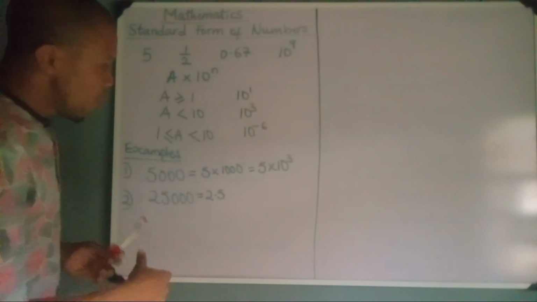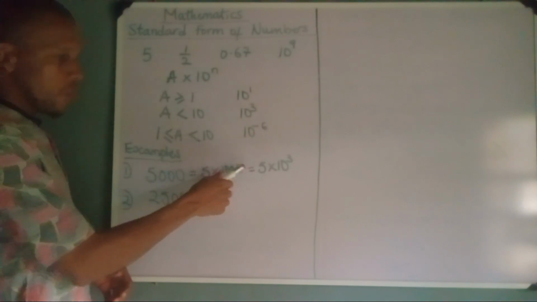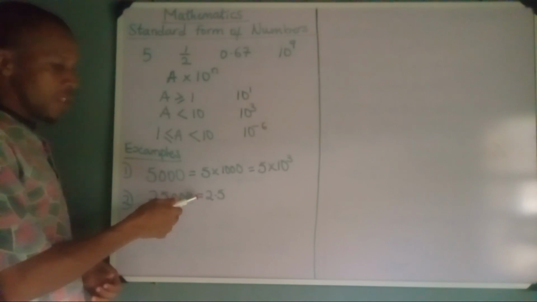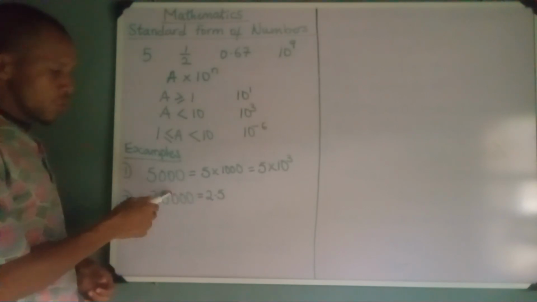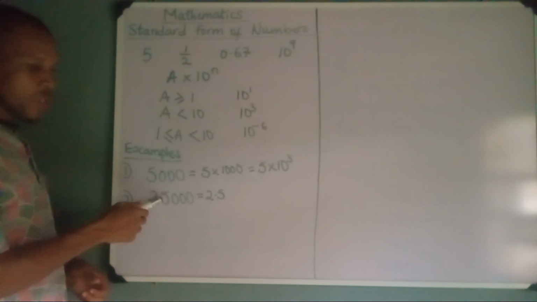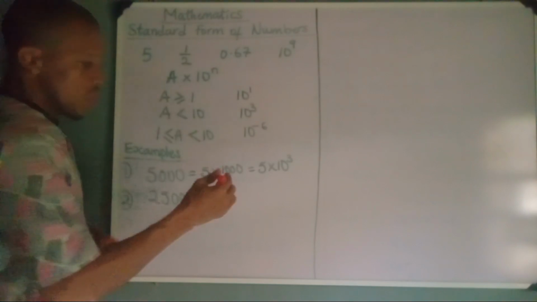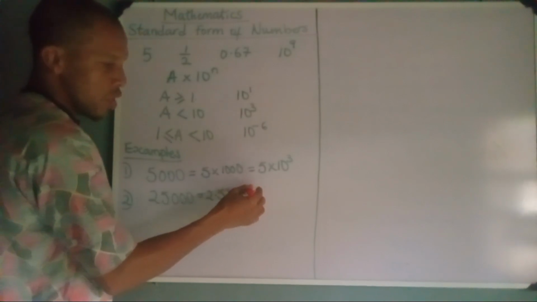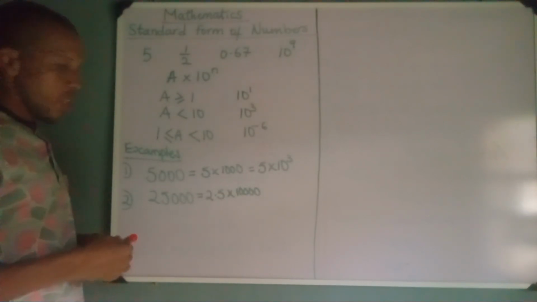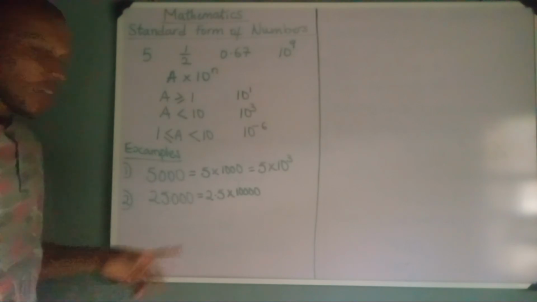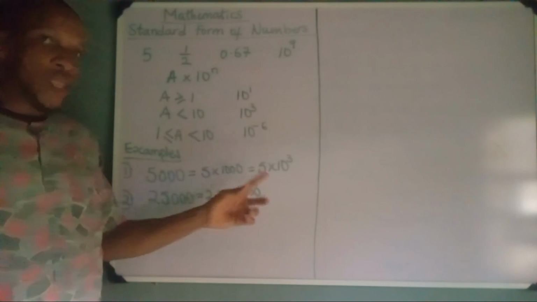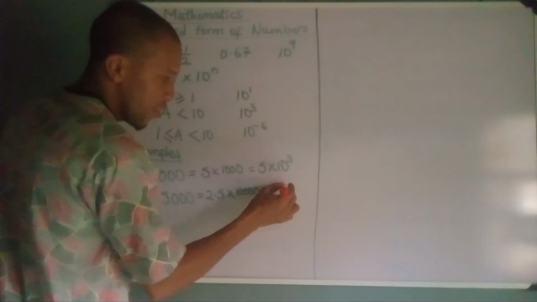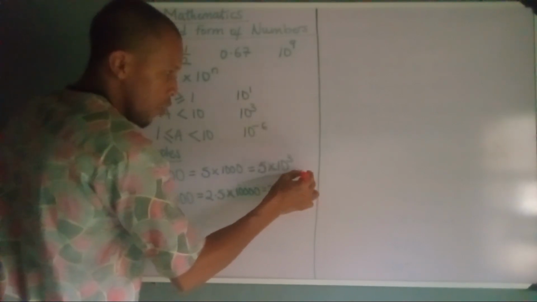So how do we know the value of the multiple of 10 we are supposed to multiply? We count from the right hand side. How many places from the right? 1, 2, 3, 4. We're going to put decimal 4 places from the right. So that will be times 1 with 4 zeros, which will be the power of 10. So 25,000 is the same thing as 2.5 times 10,000, and that will be equal to 2.5 times 10 raised power 4.